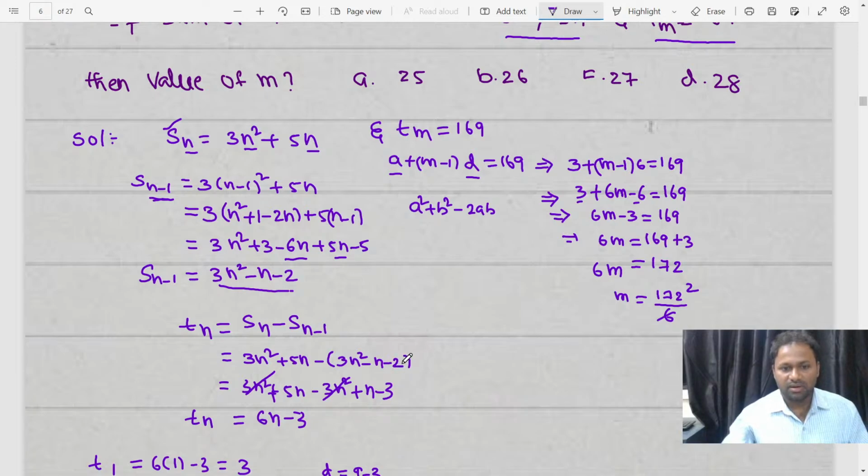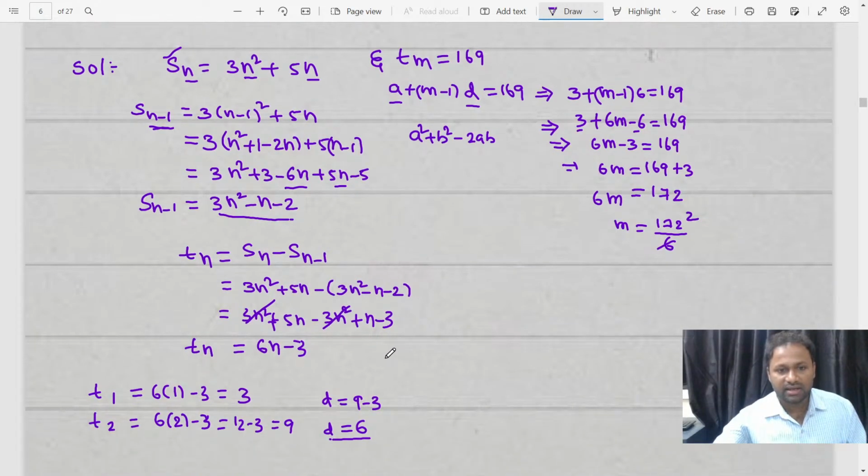Minus into minus gives plus, so plus 2 we get.